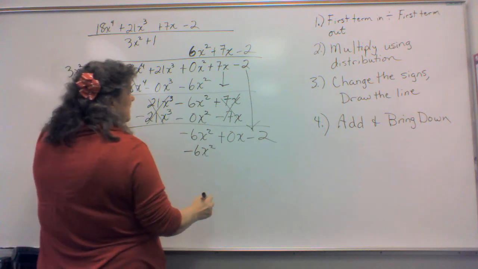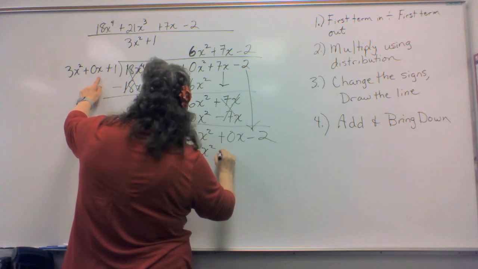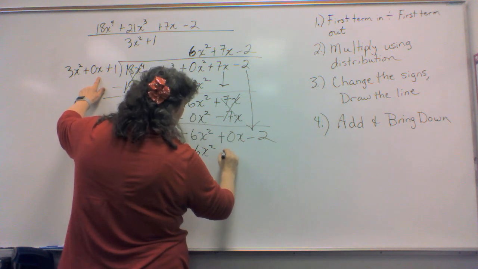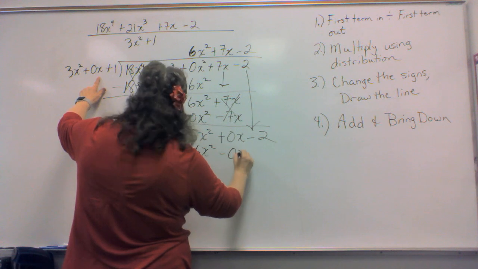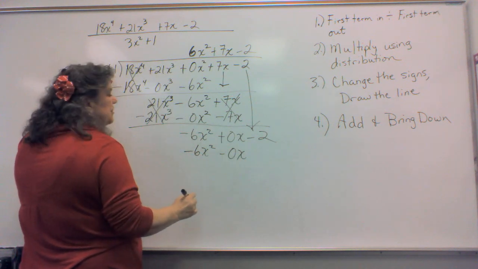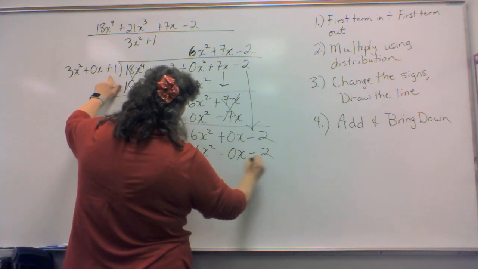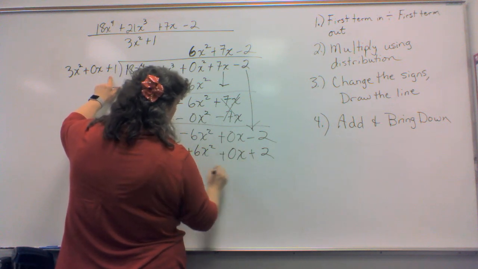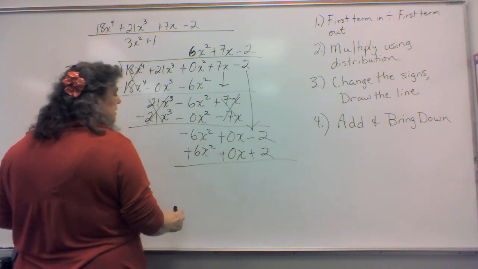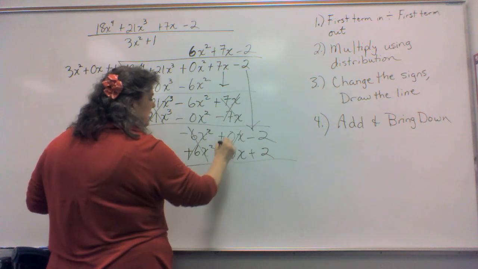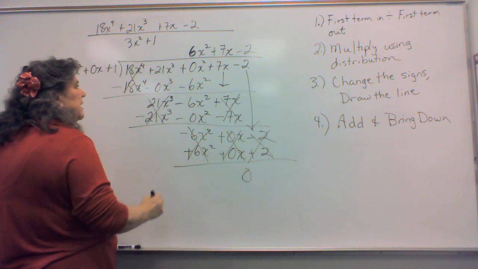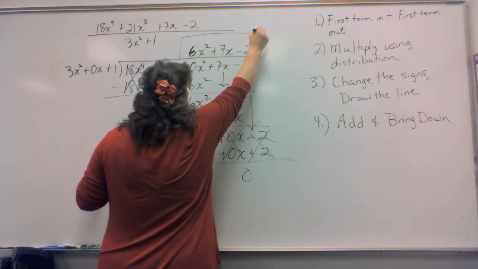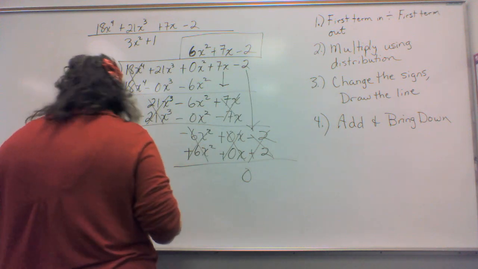Negative 2 times 0 is a minus or plus 0x, doesn't really matter. We'll put minus 0x. And then negative 2 times 1 is minus 2. Change the signs. Draw the line. 0, 0, and 0. So my answer is 6x squared plus 7x minus 2.